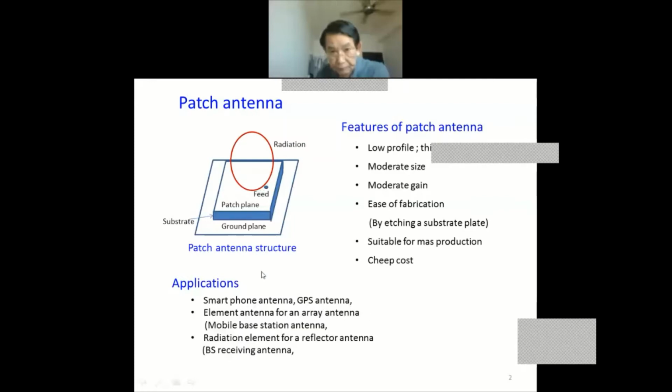However, patch antenna is also used as a radiation element of array antenna. So for the mobile base station antenna, this patch antenna is used. Or as a reflector antenna feed structure. This patch antenna is very widely used for many applications.